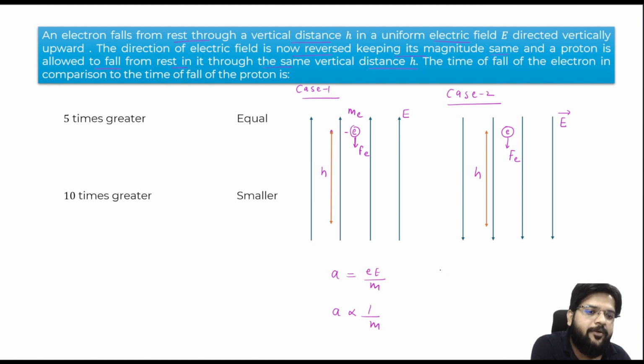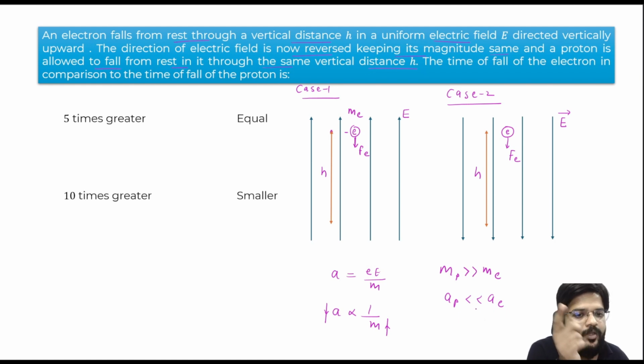We know one more thing, everyone: the mass of the proton is very large as compared to the mass of the electron. So the acceleration of the proton should be less, and the acceleration of the electron should be very large as compared to the proton.